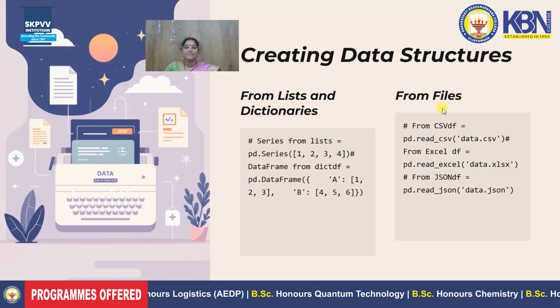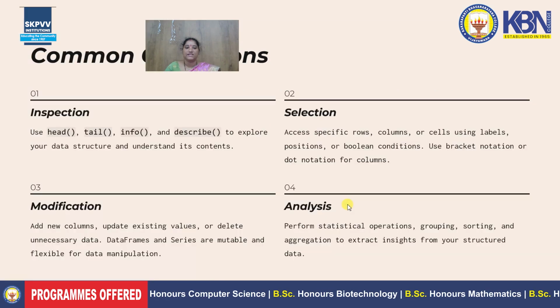With files, we can see reading files and writing files. Suppose we use pd.read_csv, where CSV means comma separated values data. From Excel we can read the Excel values from the data set, and JSON values from the data sets. These are the files for creating the data structure.